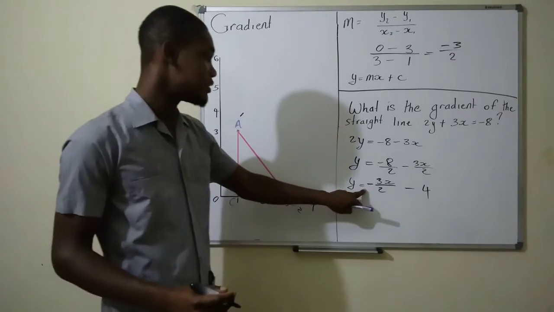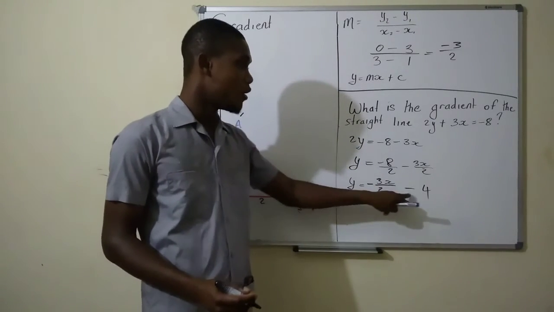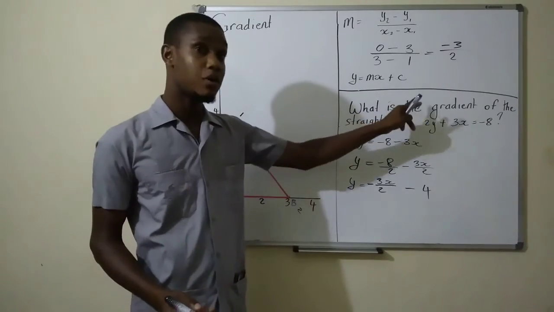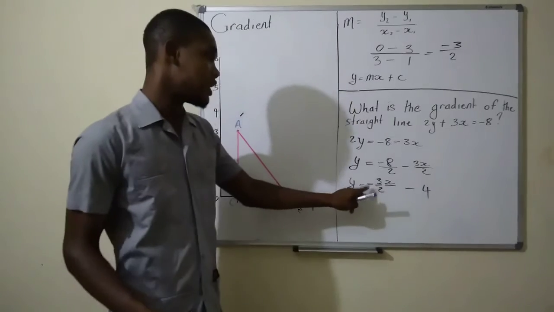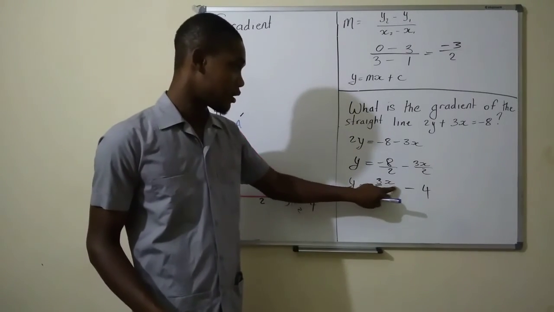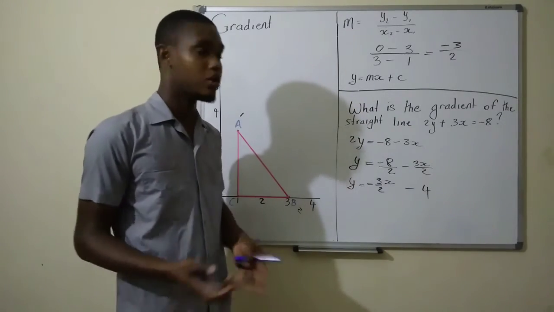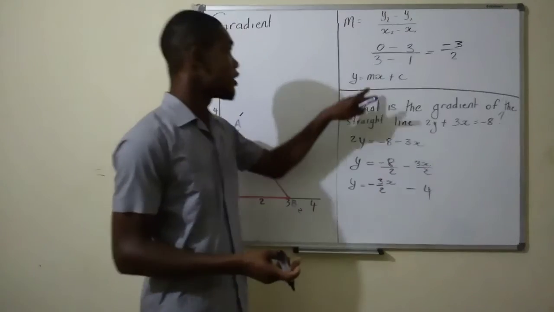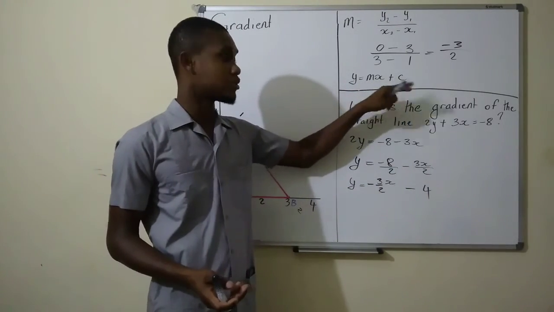So now you see y is equal to negative 3x over 2 minus 4. If you are good at multiplication, you know that negative 3 over 2 multiplied by x is the same thing as negative 3x over 2. They're the same thing. So minus 4. Now it's in the perfect form, y is equal to mx plus c.